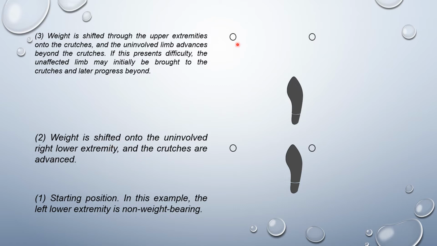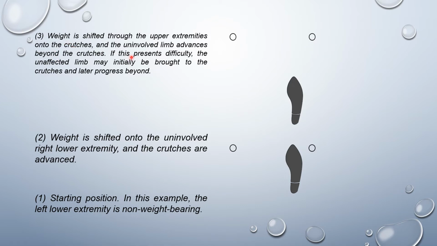First are your crutches, so the two crutches, and then followed by your unaffected leg. But in this pattern, you have to swing your affected leg so that the force would be shifted to the crutches.